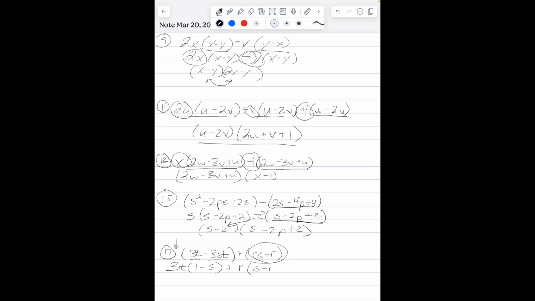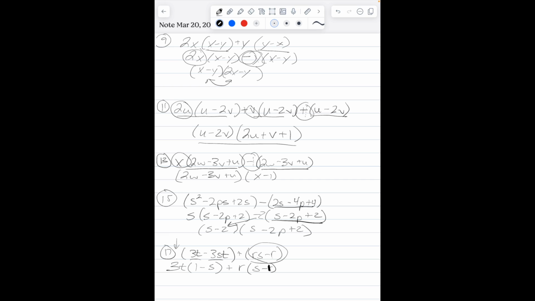So we factor out the r, and we're left with a 1. Yes, when you factor out that r, you still have a 1 because it's 1 times r that equals r. Don't let 1 become an invisible factor. So here we are, 3t times the quantity 1 minus s minus r times the quantity s minus 1.